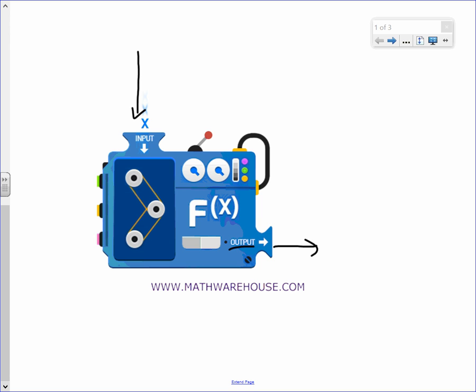The insides of the machine can do different things. Right now, here's what the machine does: favorite football team. If you put something in it, it spits out the favorite football team of that thing.